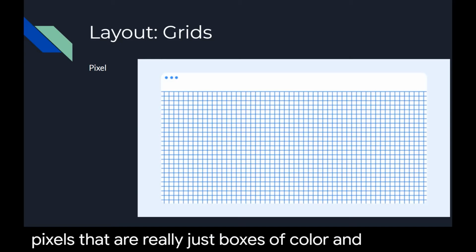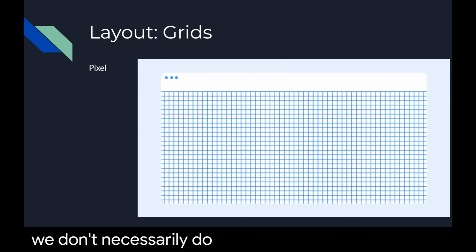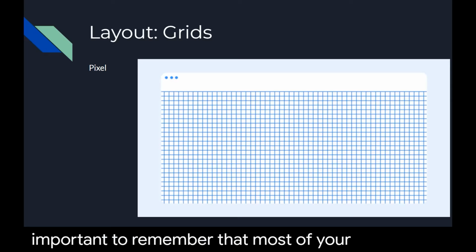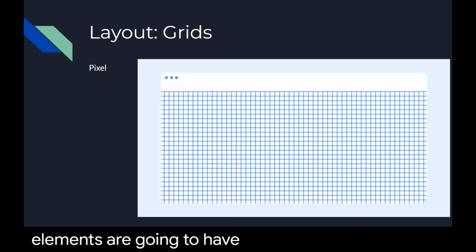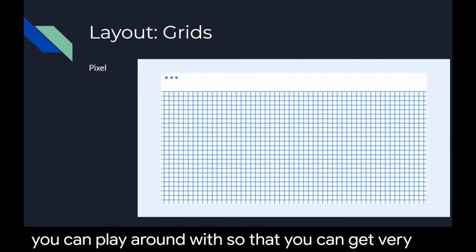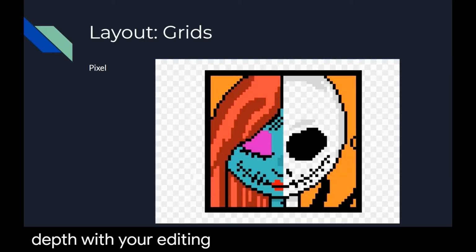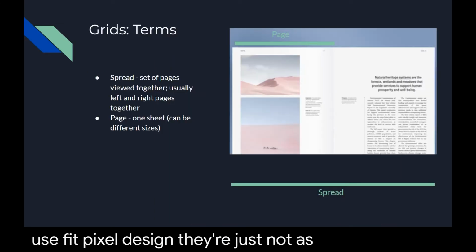And so while we don't necessarily design down to the pixel, it's important to remember that most of your visual elements are going to have some pixels that you can play around with so that you can get very in-depth with your editing. But there are specific types of layout, particularly in visuals and animation, that do use pixel design. They're just not as common.